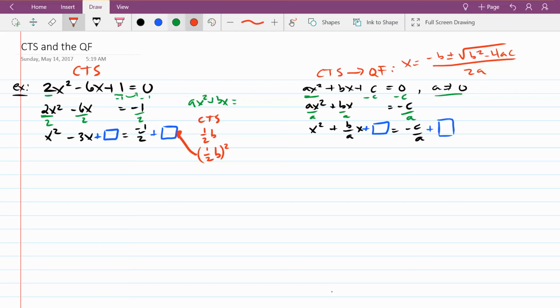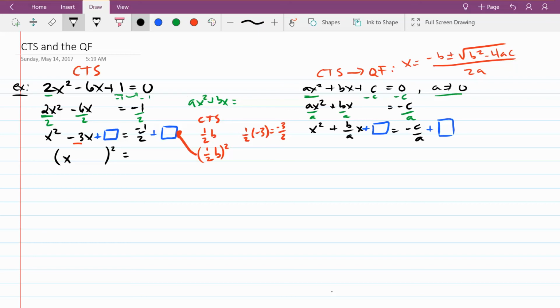And this half of b, let's go ahead and do it really quick. b is negative 3. So when I do half of negative 3, I get negative 3 over 2. So this half of b ends up being this perfect square on the left-hand side.